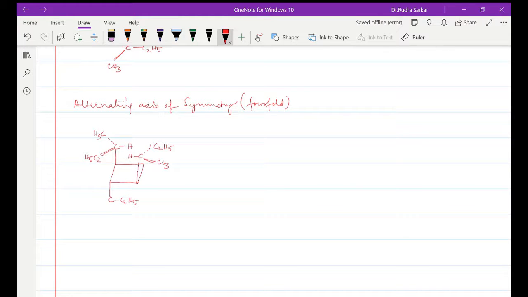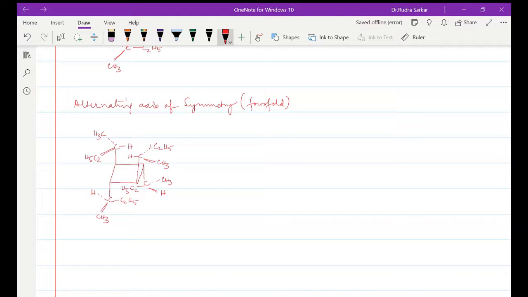There is a C2H5, there is a H, this is the CH3, again we have the C2H5, CH3, and this is the H.